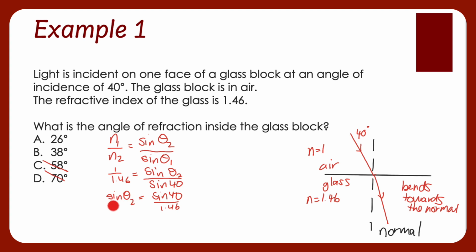And now we don't want the answer of sine theta, we want just theta. So I'm going to have to do the sine inverse. Double check, my calculator needs to be in degrees because I've written here sine 40 degrees. And I'm going to pick up my calculator and I get 26 degrees. So the answer is A.